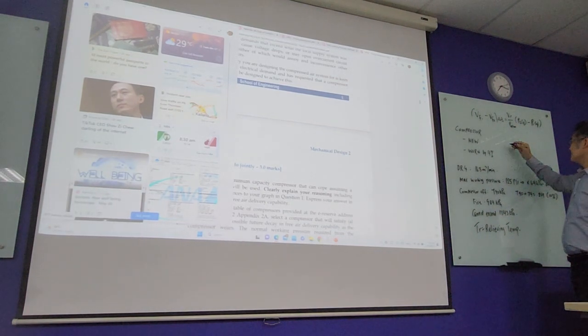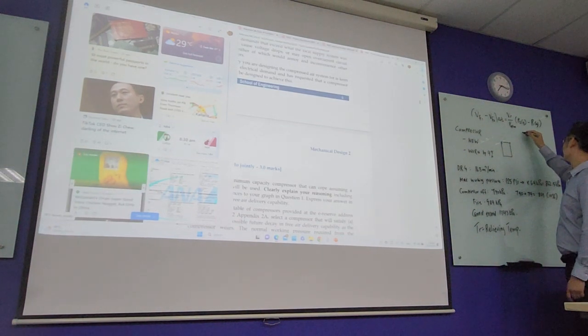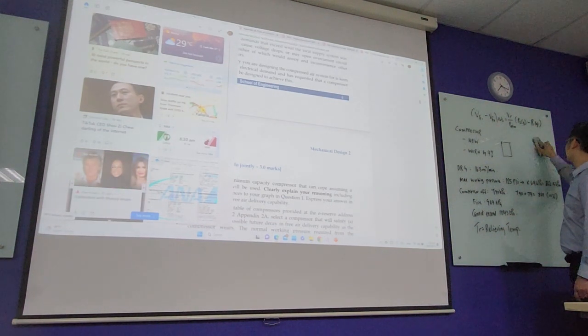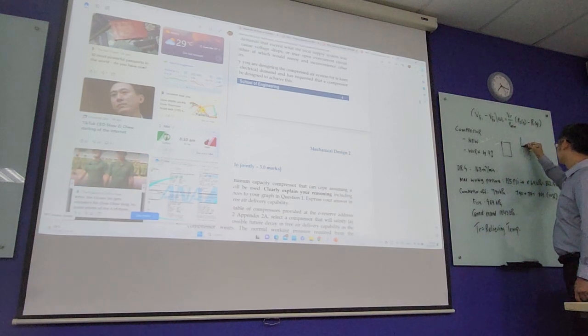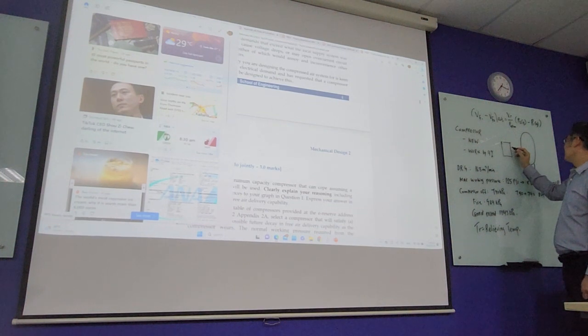Okay, so over here is our compressor. Let's say this is our receiver. So remember, what is the minimum requirement needed from compressor to this receiver?